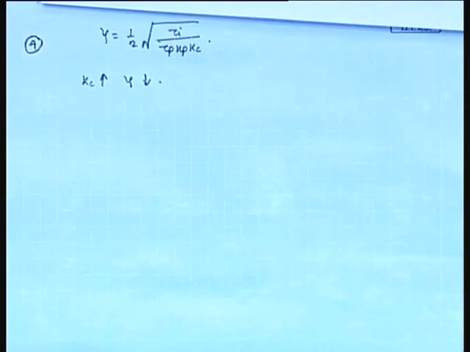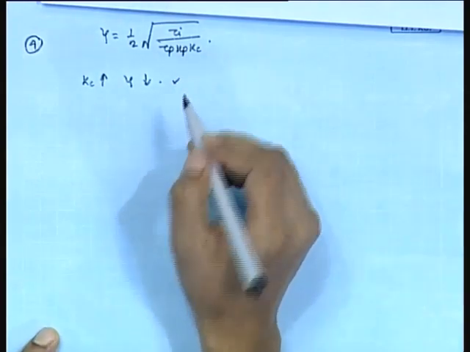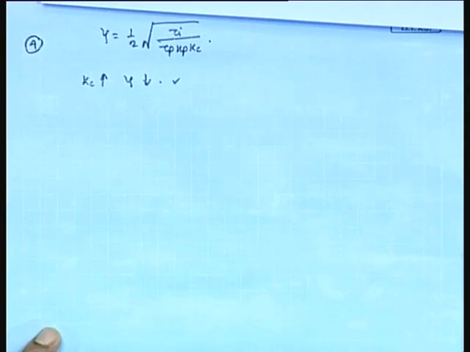So, the overdamped response may move to underdamped response with large overshoot and decay ratio if Kc is sufficiently large.